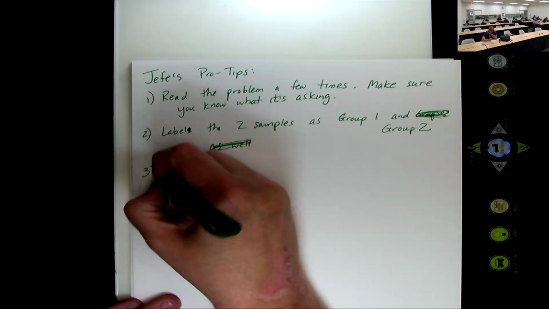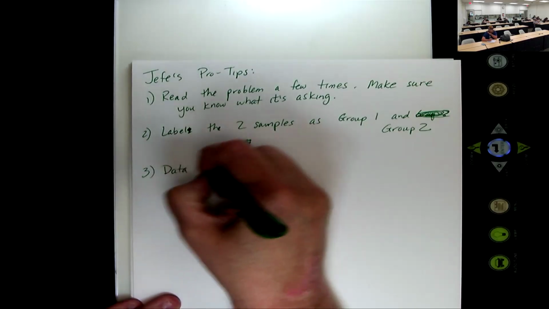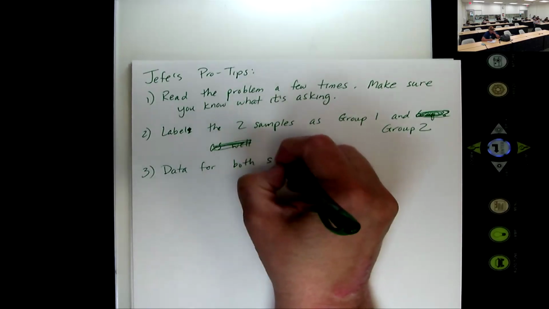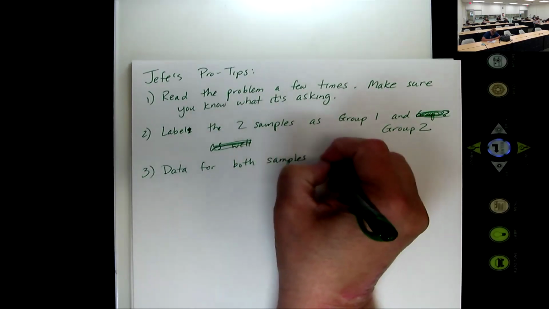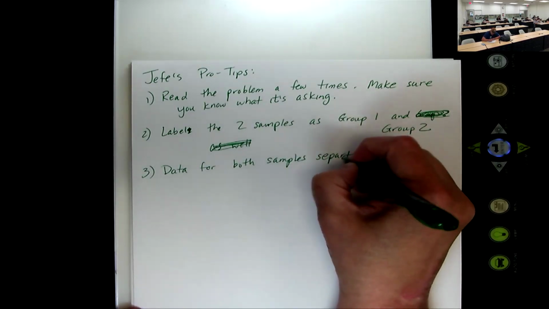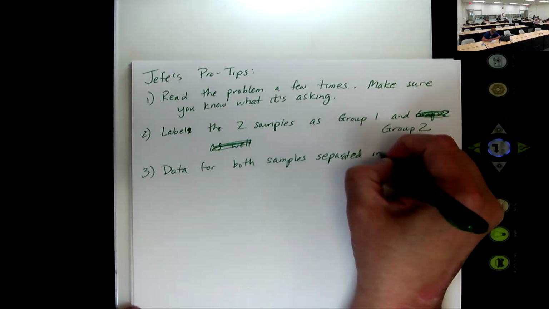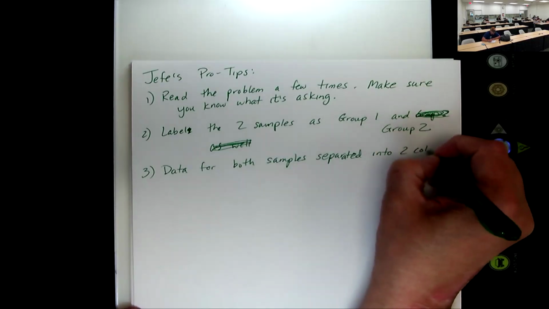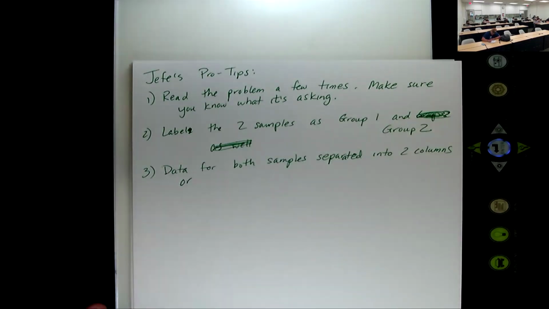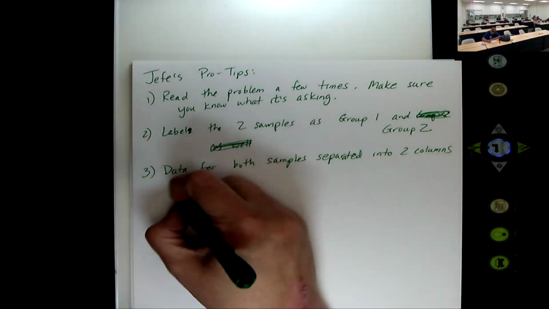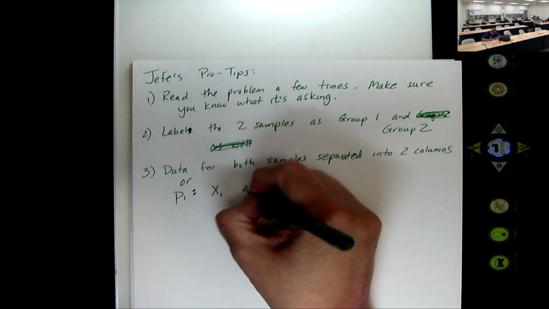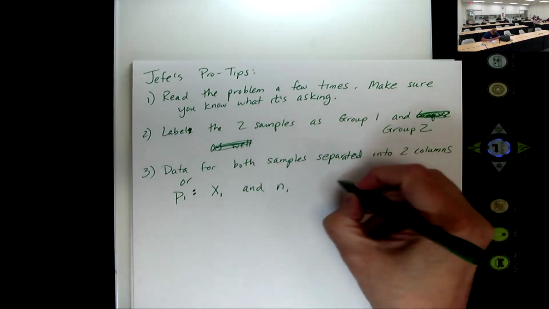So they're gonna either ask for data for individual groups, for both samples separate, separated into two columns. Or they will want the X1 value and N1 value.